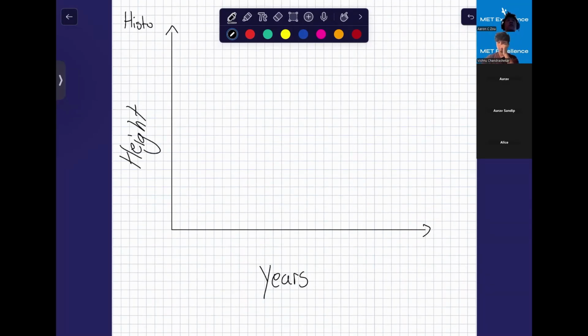So we got 0, 1, 2, 3, 4, 5 for years. Continuous. And the variables don't have to be quantitative. It could be qualitative as well. It could be, let's say, male and female. That's a category.